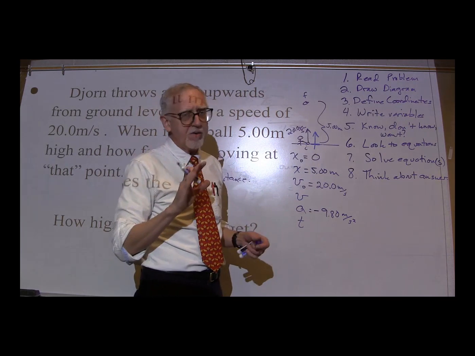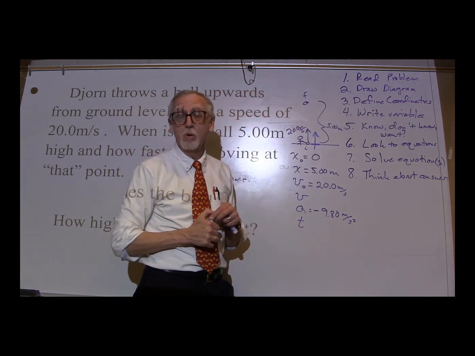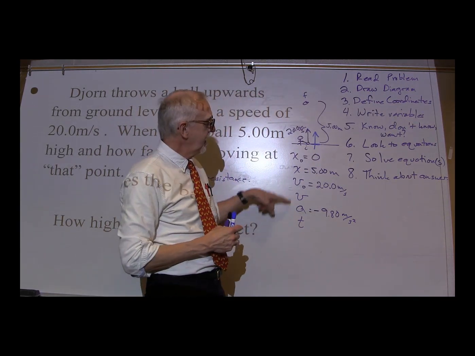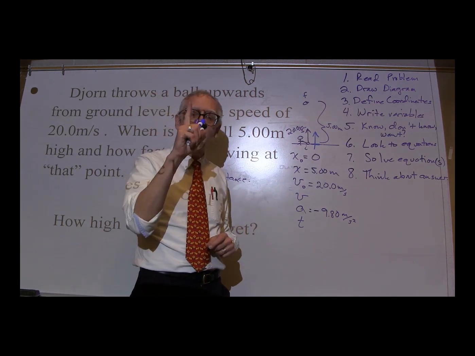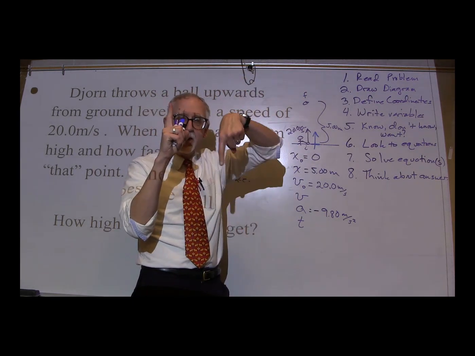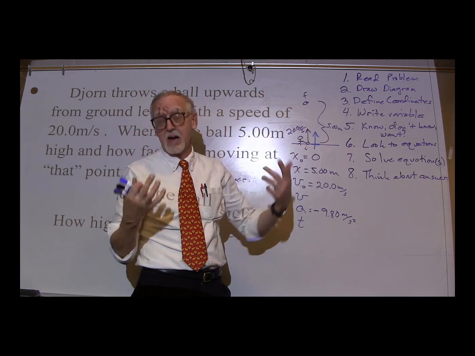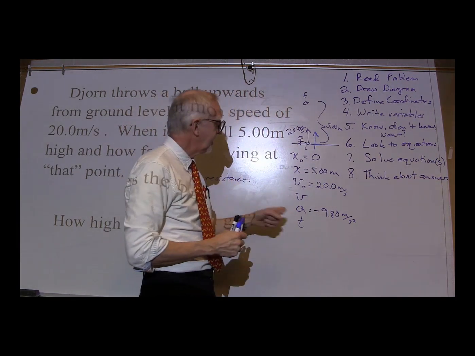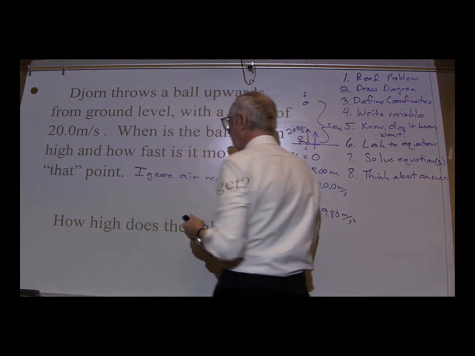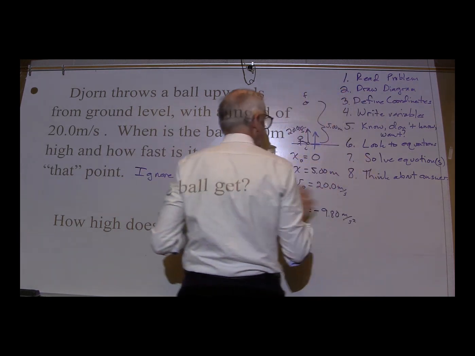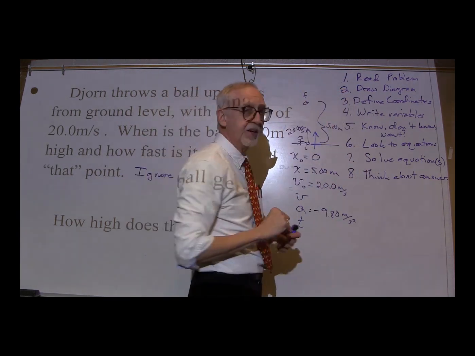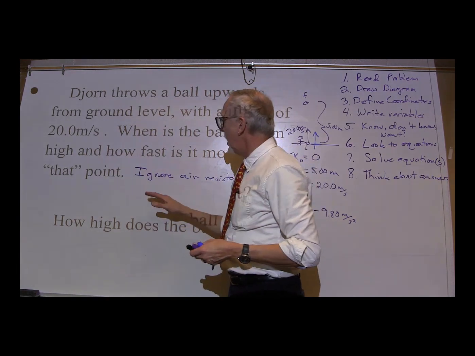That's very, very important. You've got to make sure that you remember that negative sign in this sort of problem. If your upward is defined as positive, then the acceleration, which is downward, has got to be negative. There we go. And t, do we know t? We do not. There's nowhere in the problem that tells us how much time this takes. All right, there we go.